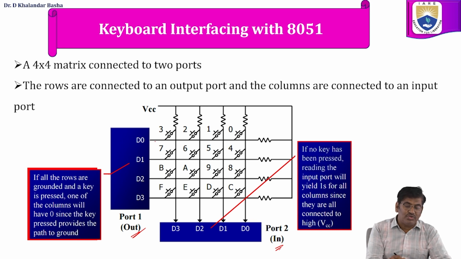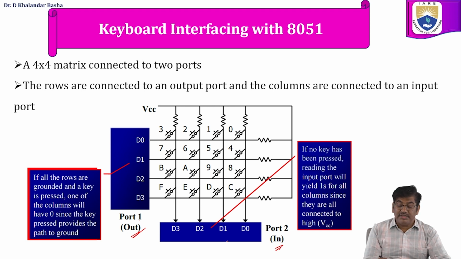Row 0 is mapped to D0 of port 1, D1 of port 1 to the second row, D2 of port 1 to the third row, and the fourth row is connected to D3 of port 1. Similarly, to read the columns, the rightmost column can be read on D0 of port 2, D1 of port 2 is the second column, the third column is on D2 of port 2, and the fourth column is on D3 of port 2.